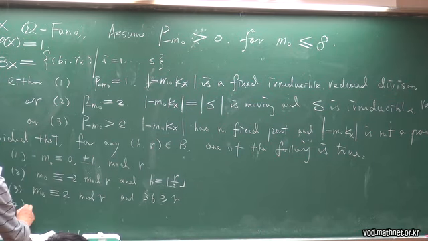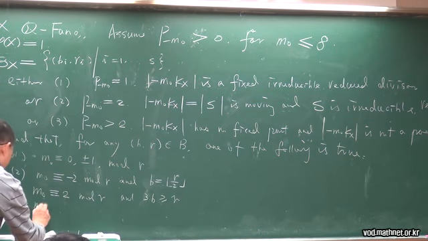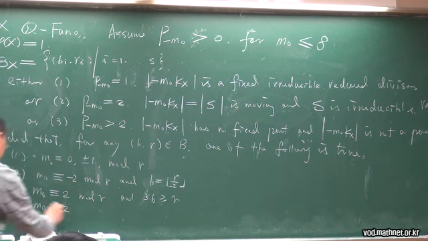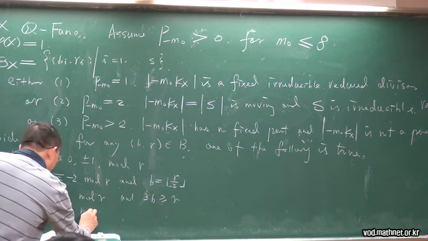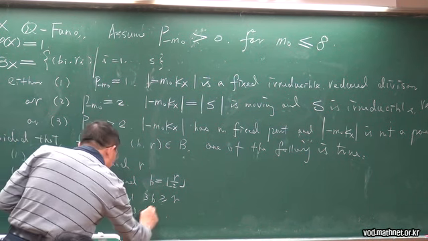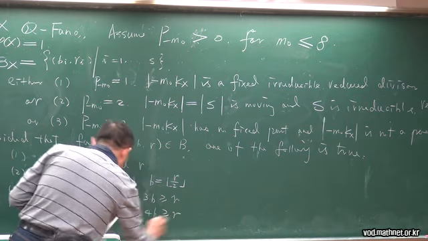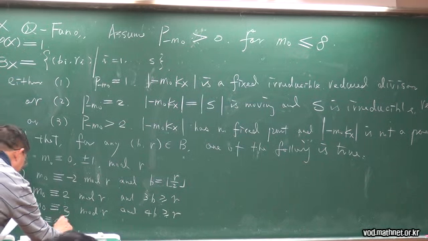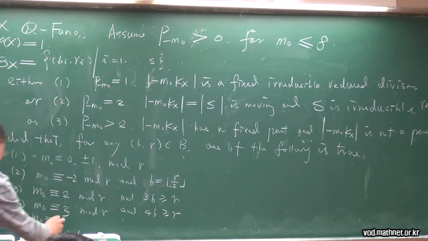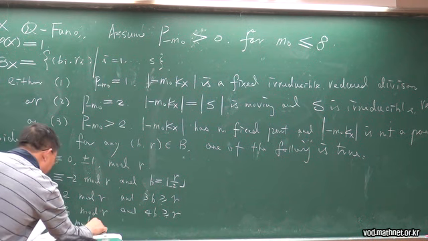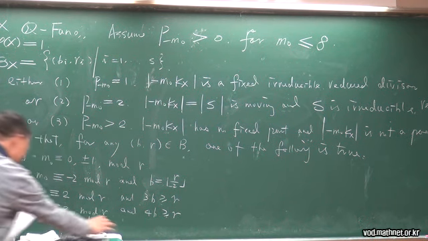Okay, and then for m naught residue 3, more r, and 4b r, and the last case is m naught residue is 4 and more du r.